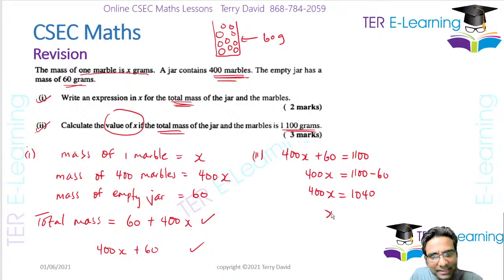So x is equal to 1040 divided by 400, which is 2.6. And that is 2.6 grams.